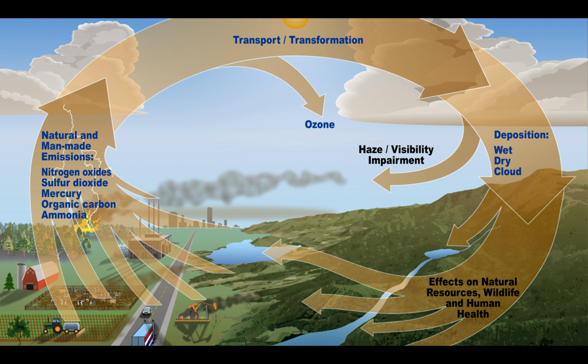So it collects all these things, and then it gets deposited back to our environment where it came from, and then it affects the wildlife and mostly anywhere nearby its environment.